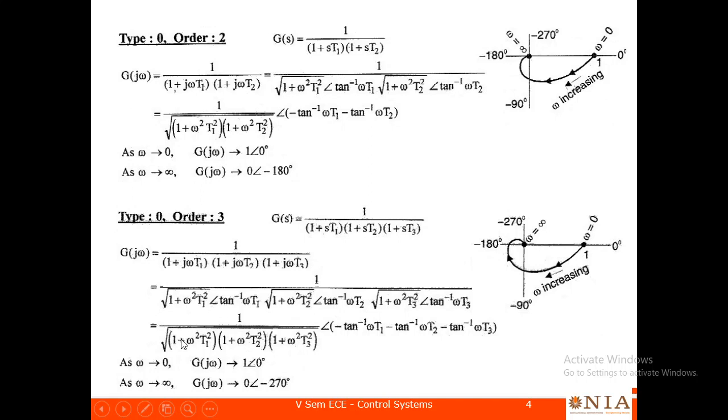Similarly, we have computed the magnitude and phase of G of j omega at omega equal to 0 and omega equal to infinity. These two points satisfy our answer, and your graph shape will be like this.